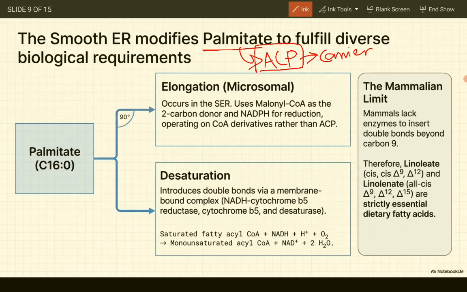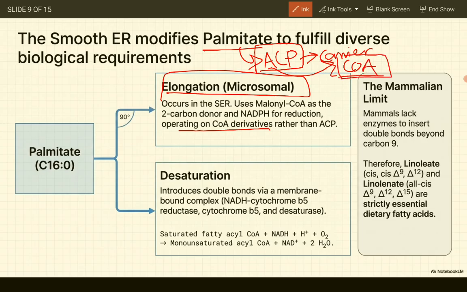Now in microsomes, in the smooth endoplasmic reticulum, ACP will be removed and coenzyme A will be added for the molecule to function rather than ACP. So in each cycle, the 2-carbon donor malonyl CoA will add 2 carbons to allow the elongation of palmitate.